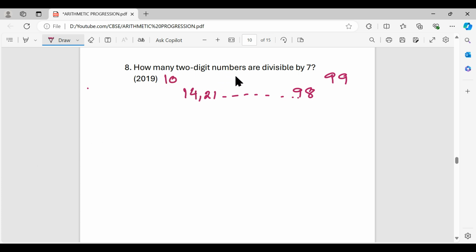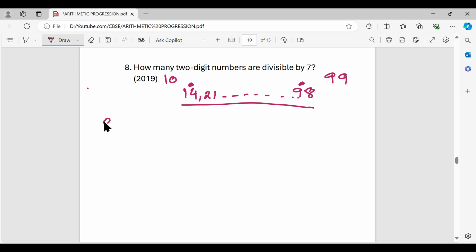Now we know what is the first term and what is the last term. The number of these terms will give you the answer for how many two digit numbers are divisible by 7. We need to find the position of 98.